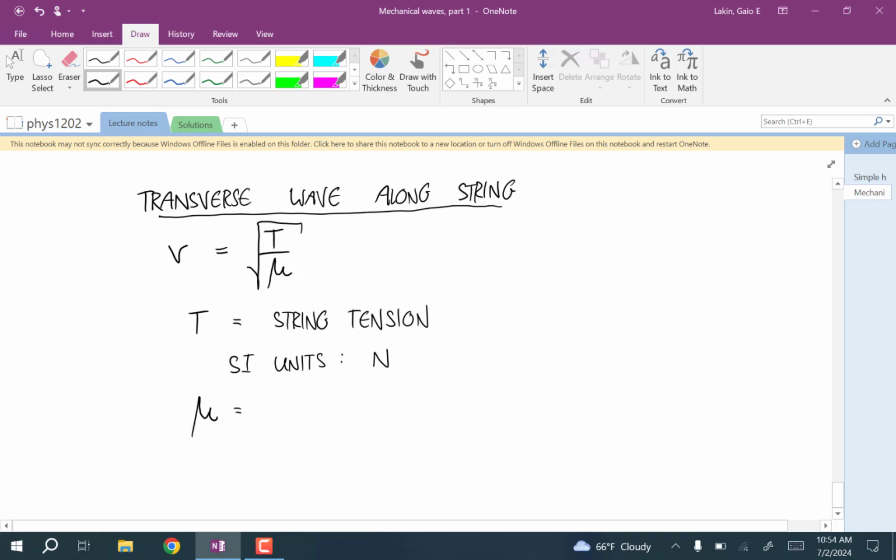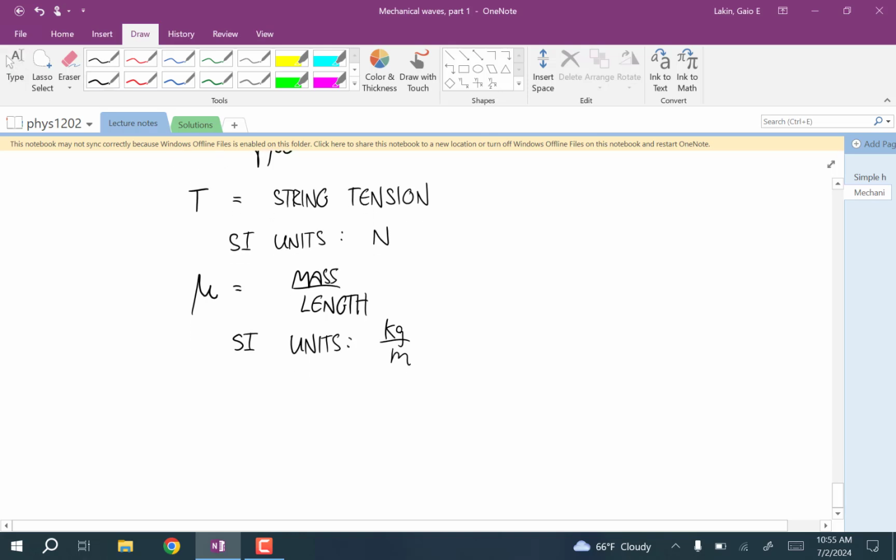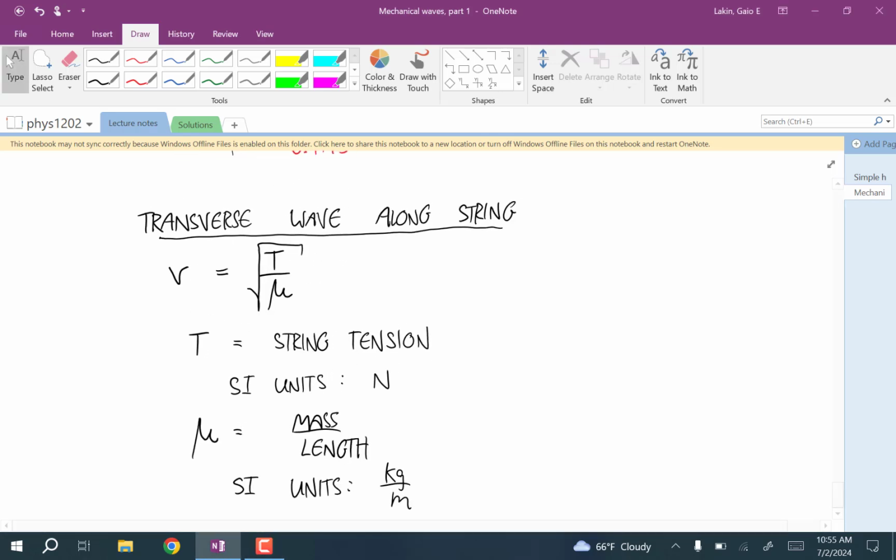And mu, Greek letter mu, is the mass per unit length of this string. And the SI units for that are going to be kilograms per meter. So this is the first fact that we have for transverse waves along strings.